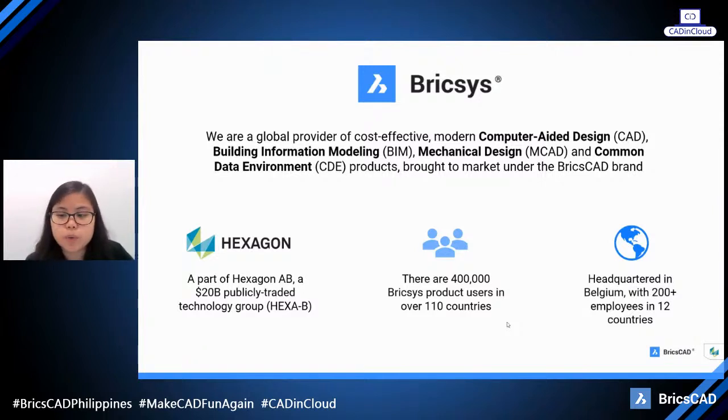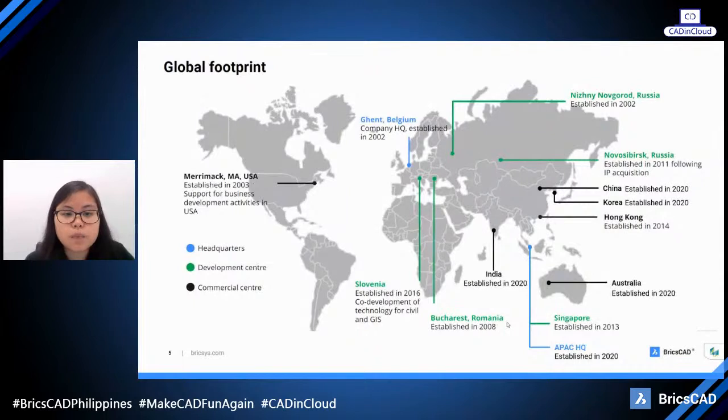And then Bricsys is headquartered in Belgium. So it originated in Belgium with over 200 employees in 12 countries and growing. You'll see here on this world map where we are in the world.